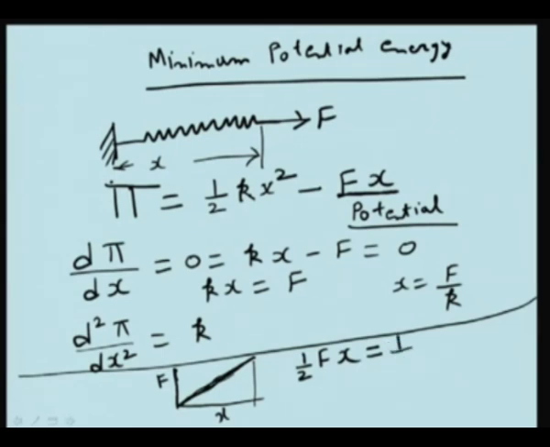So this half Fx will be half kx square, which gives us the solution x equal to F by k. So we get the same thing by the work energy theorem.